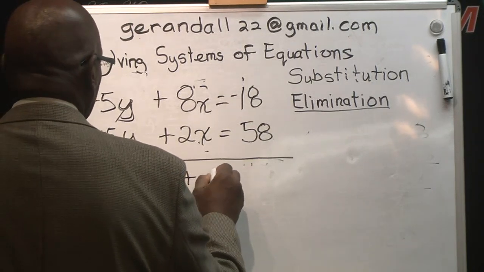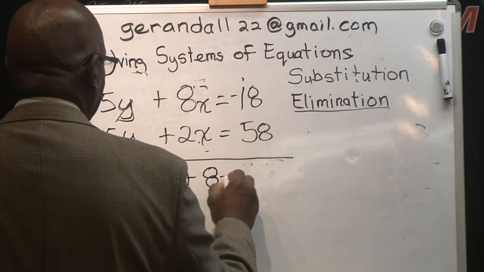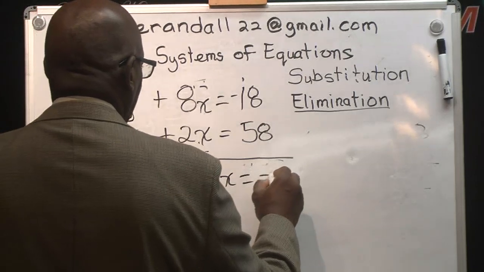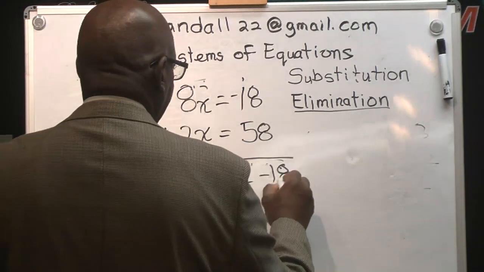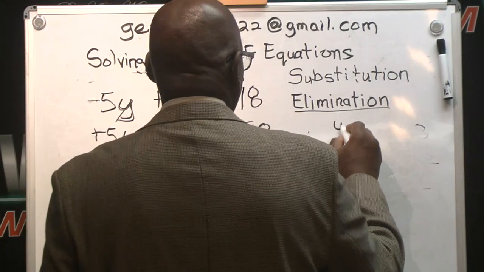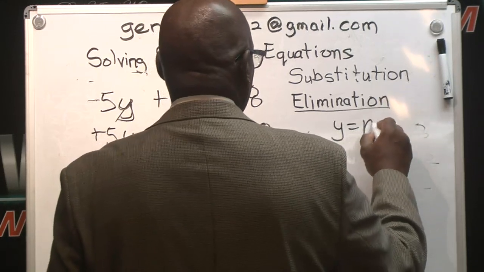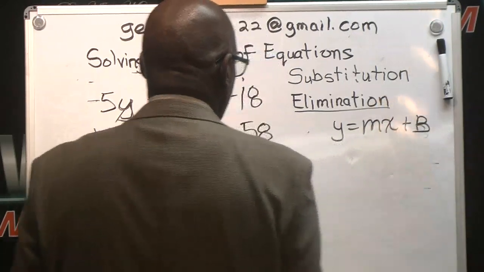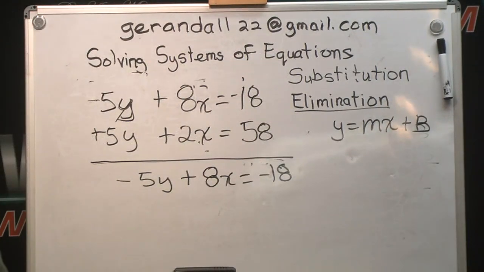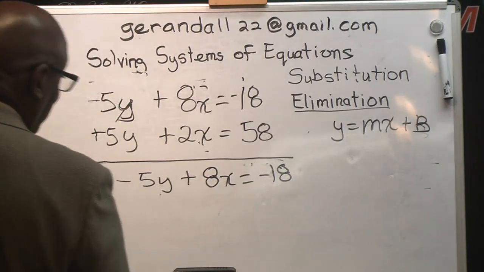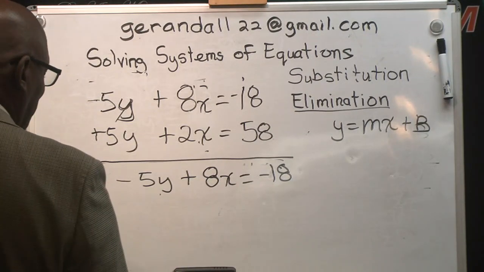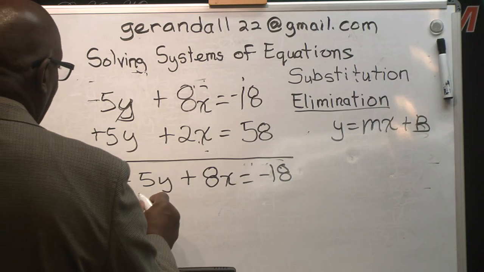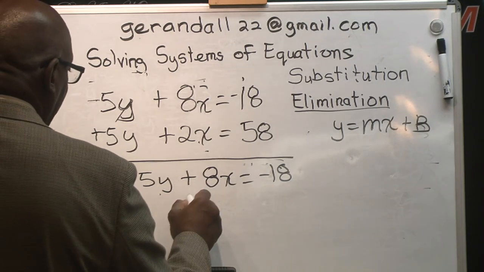And we have to get it in what's called y-intercept form. And this is more involved, because you have to have it looking like y equals mx plus b. In other words, this y has to equal something. First thing we're going to do is subtract 8x.